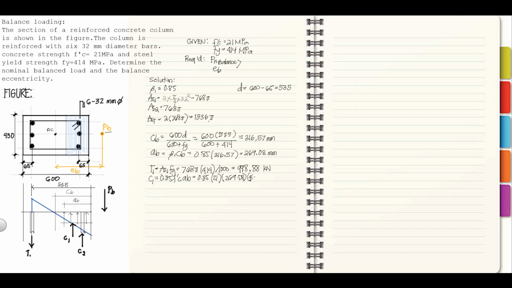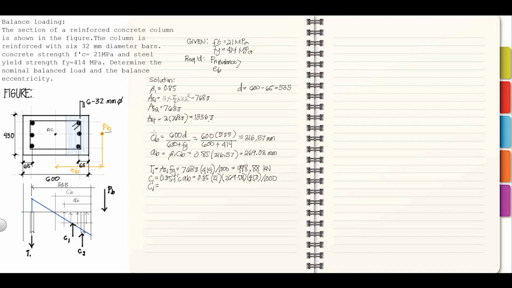That is 450. Tama? Itong area na to, no? This area. Okay? And divide it by 1,000. So our C1 is equal to 0.85 times 21 times 269.08 times 450 divided by 1,000.